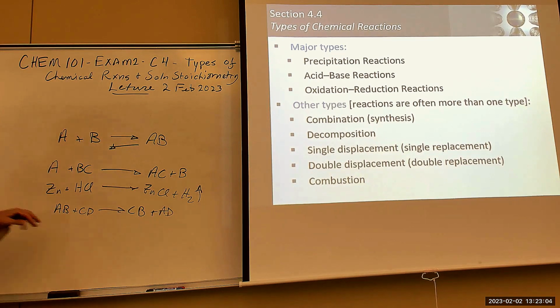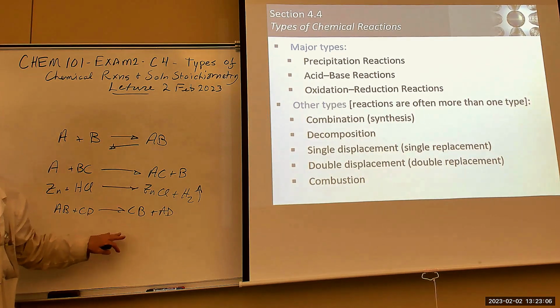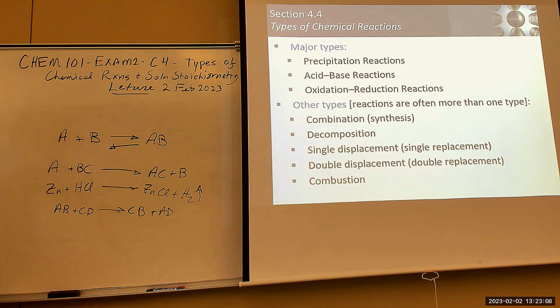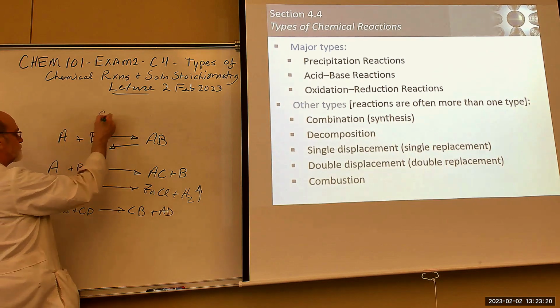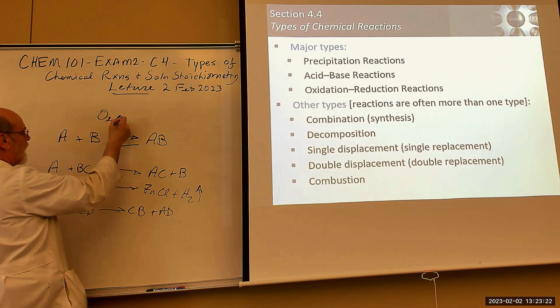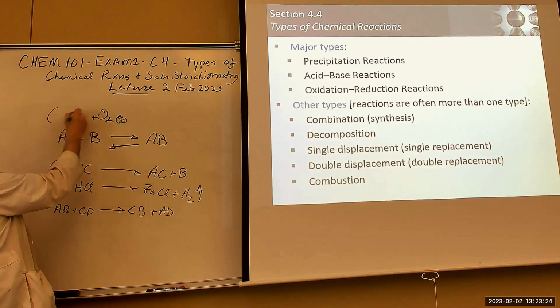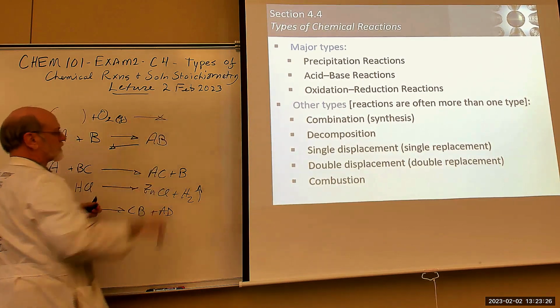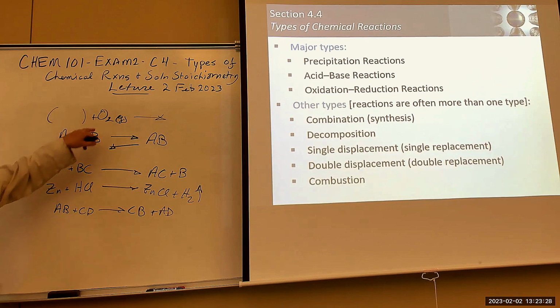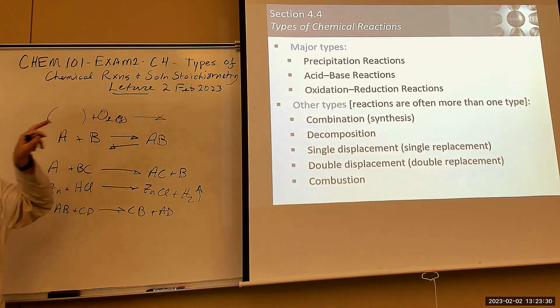A great many of your precipitation reactions follow this pattern. And then combustion. A combustion reaction needs oxygen gas as a reactant. Then you have something here and it yields products. But that oxygen must be there to be a combustion.